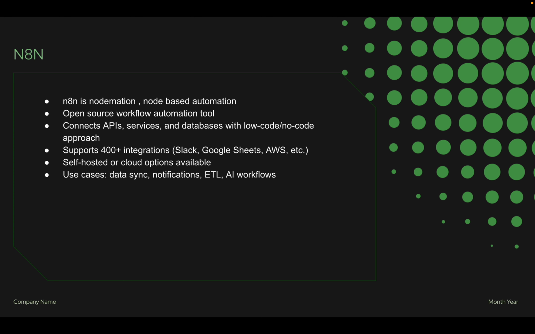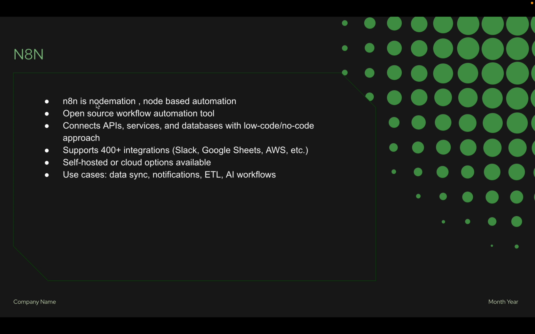So what is n8n? The name is actually a little strange and interesting, right? n8n, we can say it is a node machine. That is the full name of n8n. So why n8n? Because here we can see there are two n's, one at the start and one at the end.